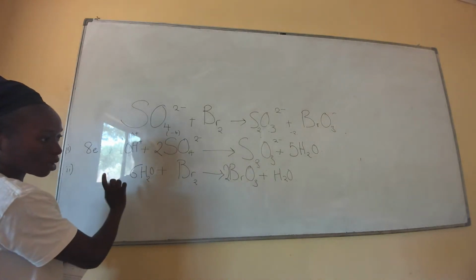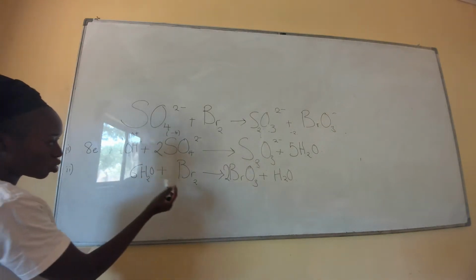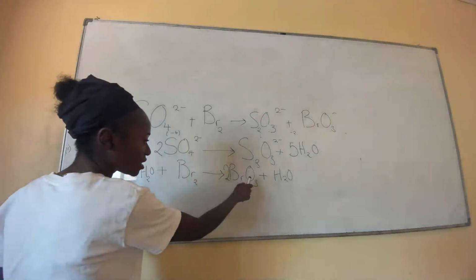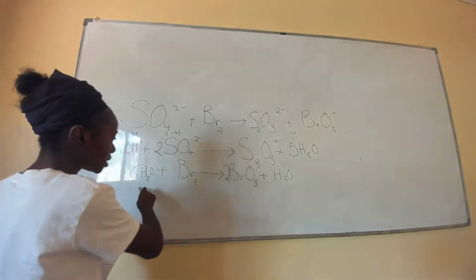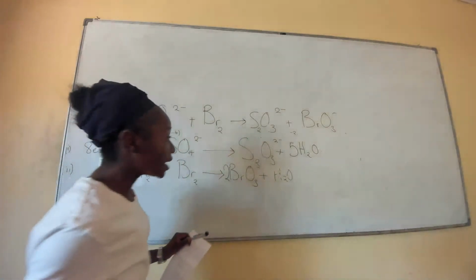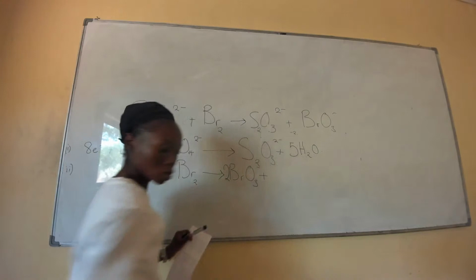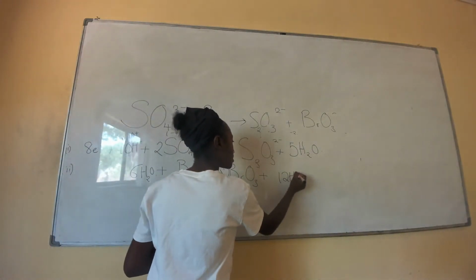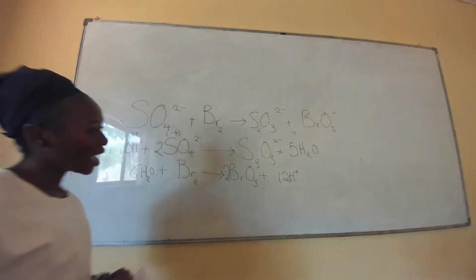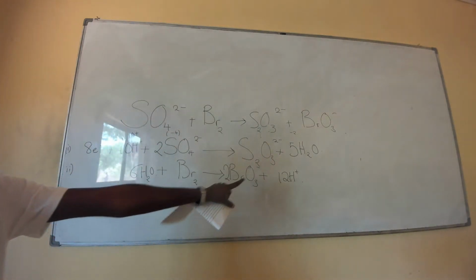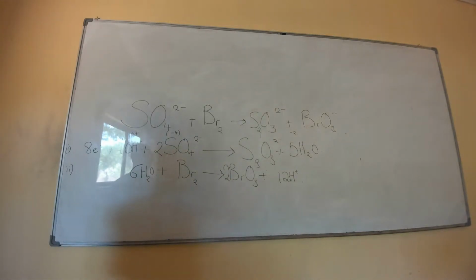Okay, so here we had the bromine, and then balancing the oxygen, we introduced the 6 there. Balancing the hydrogen, there was supposed to be a 12, 12H plus. So we balance the hydrogen by introducing 12 ions of hydrogen on the other side.